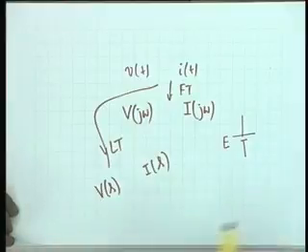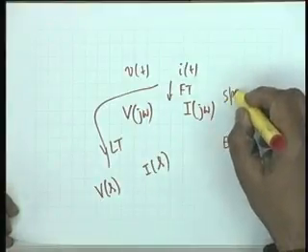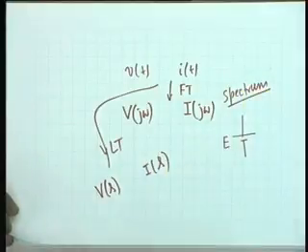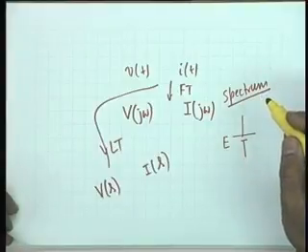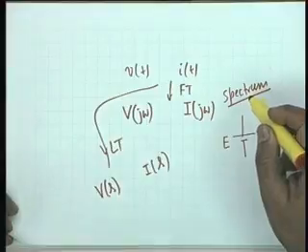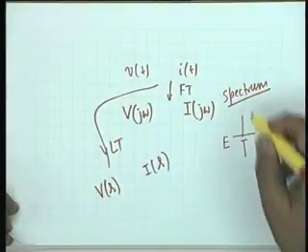All right, V of j omega or capital I of j omega is the spectrum, and as you know, the Fourier transform, and similarly the Laplace transform, is a complex quantity, and therefore if you wish to specify a signal in terms of its spectrum, you should specify its amplitude spectrum as well as the phase spectrum.